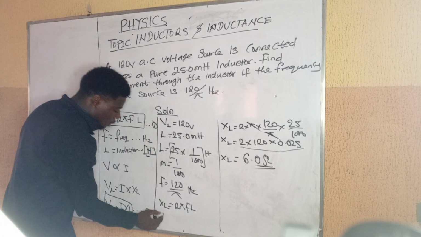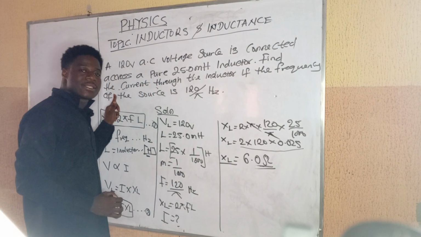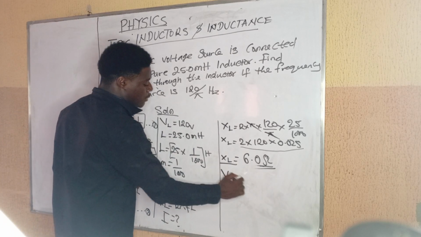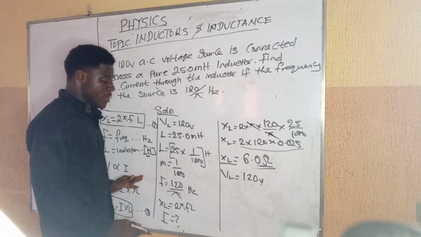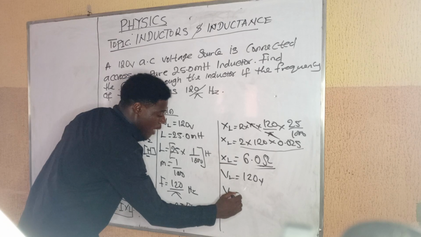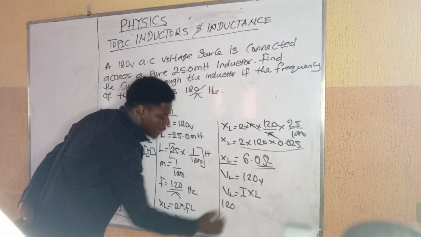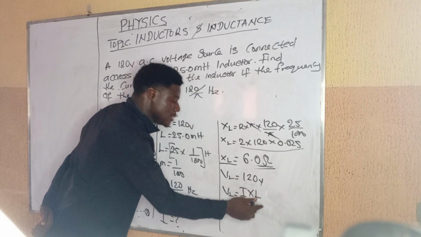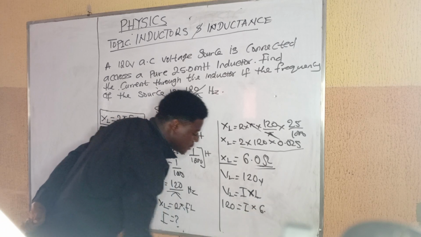The question is asking for the current, but what we got is inductive reactance. For us to get the current, we are given the voltage across the inductor as 120 volts. So the relationship, which is our second formula, is VL equals I XL. My VL is the 120 volt supply, which equals I times the inductive reactance, which is 6 ohms.